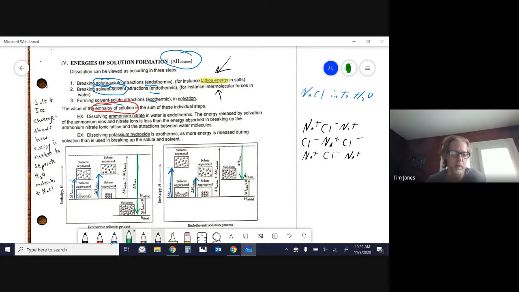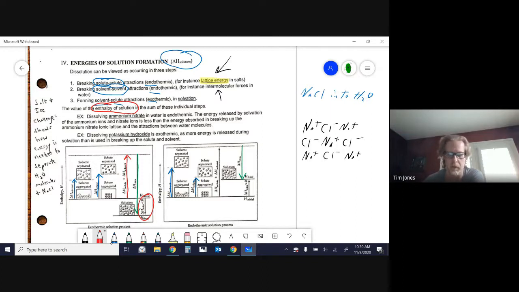In this picture on the left, they have the total amount of energy for both breaking the solvent and the solute. And in green, I have the new interaction. And in this case, you can see that the overall result will be this. And so this would be an exothermic situation.